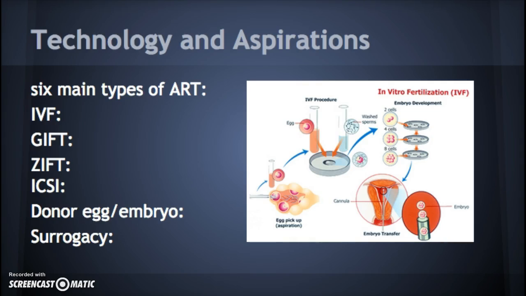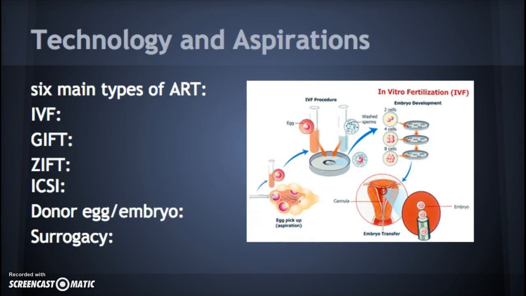So there are six main types of ART, or artificial reproductive technology. In vitro fertilization is by far the most popular. In vitro literally means outside of the body. So there are several steps: she ovulates, the eggs are taken outside of the body, and the male sperm is then used to fertilize the egg or multiple eggs, creating multiple embryos outside of the body.